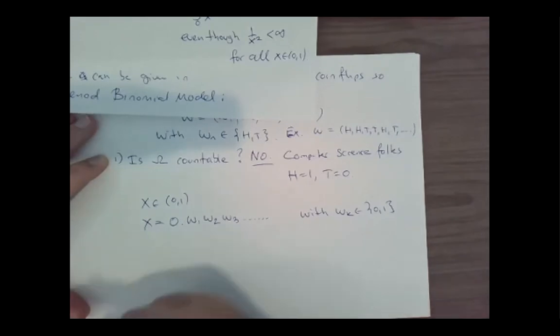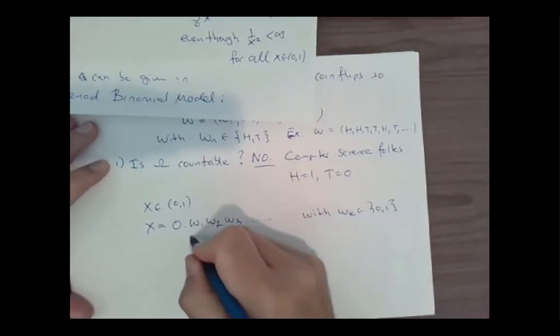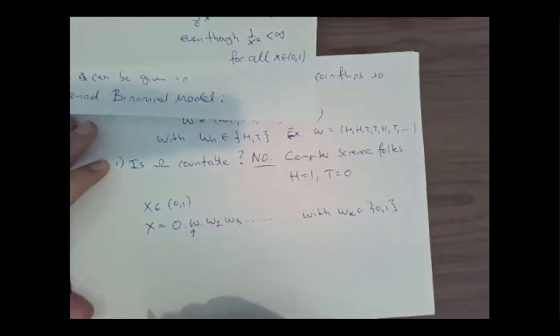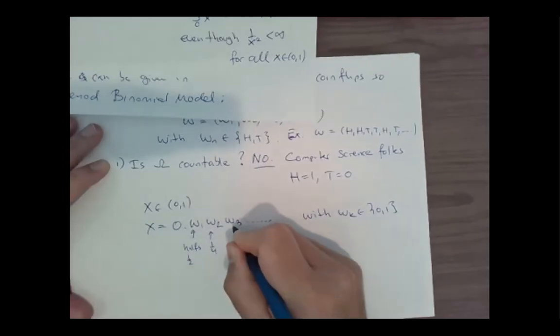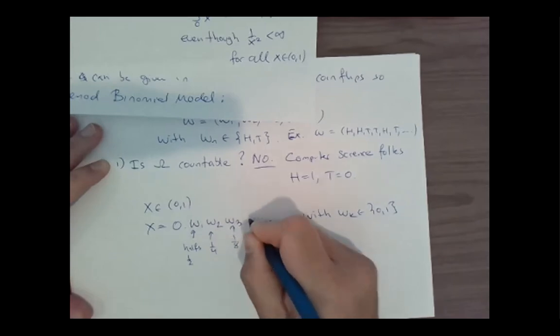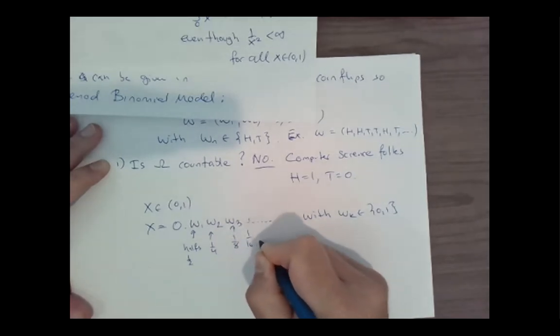That's possible, because this is just a binary expansion. This one here would count the halves, this one the quarters, this one the eighths, this one the sixteenths, and so on.